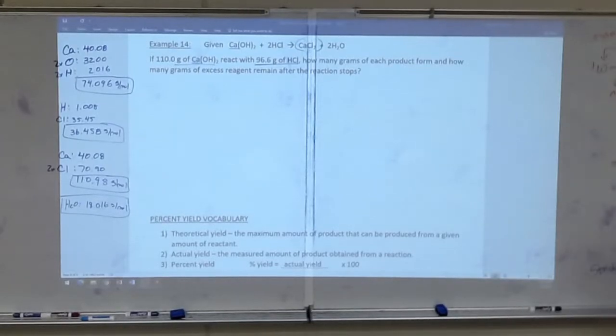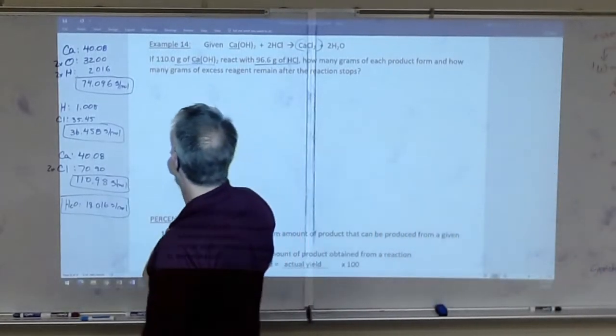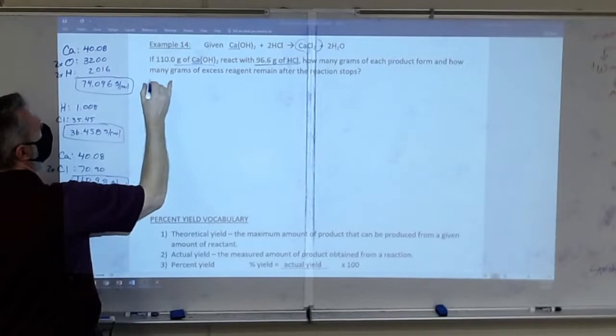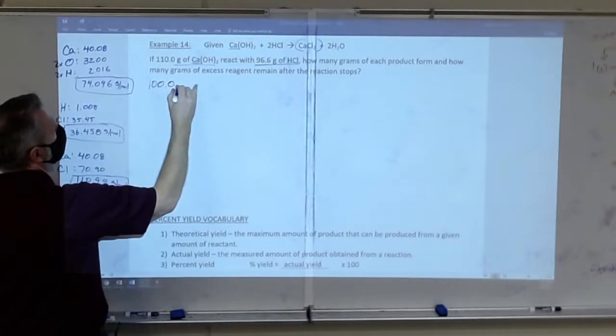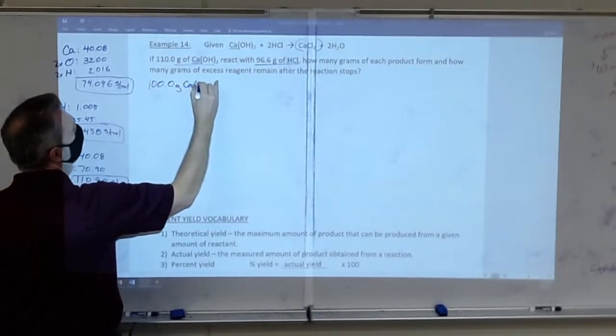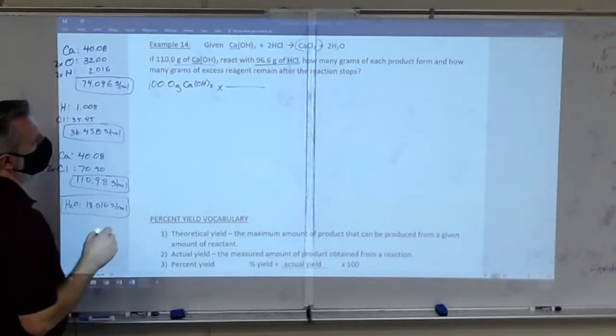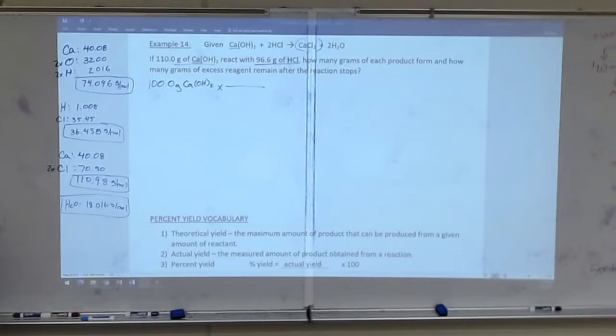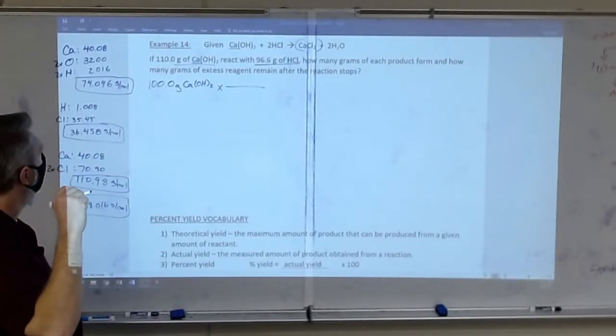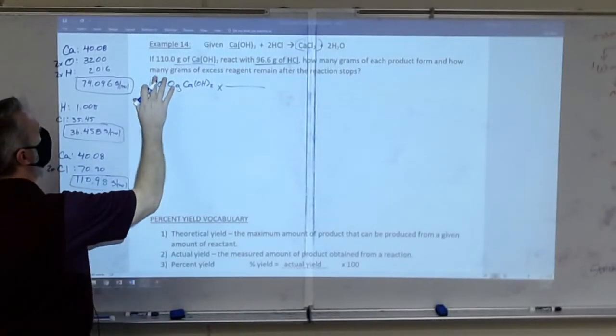All right. First thing I want to do is start with 110 grams. I need to convert grams of calcium hydroxide to what? Oh, yeah, it's 110. Good catch.